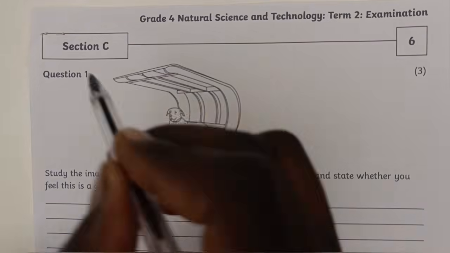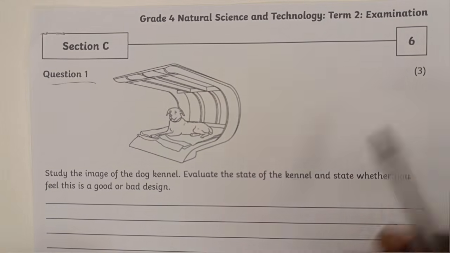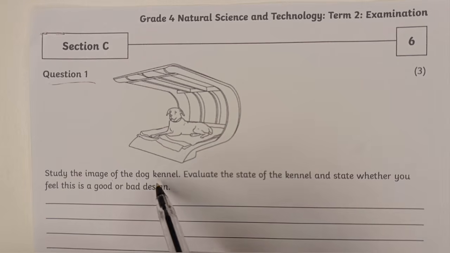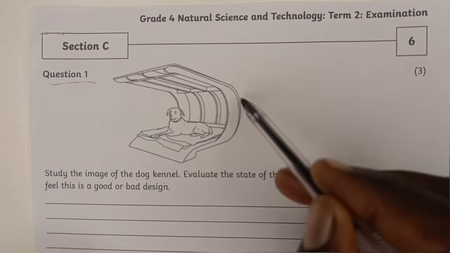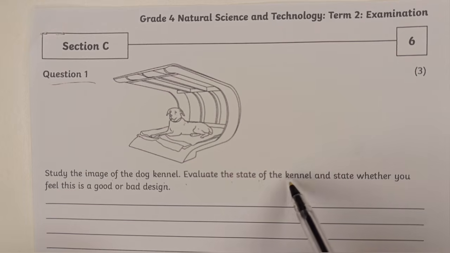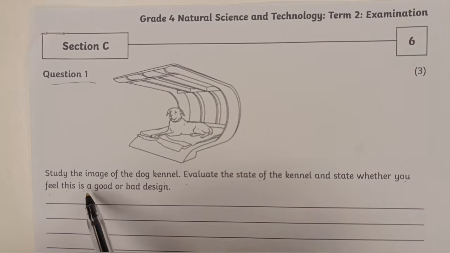All right, section C, question 1. Study this image of the dog kennel. Evaluate the state of the kennel and state whether you feel this is a good or a bad design.